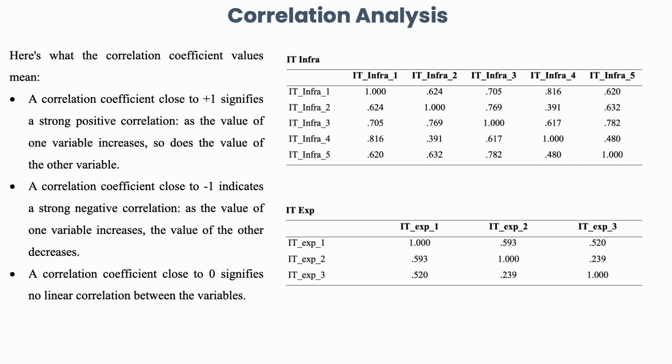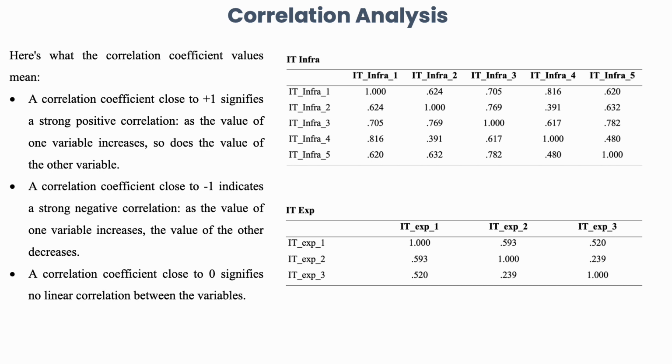And if it is close to 0, it signifies no linear correlation between the variables. It is important to remember that correlation does not imply causation. In other words, just because two variables move together, it does not mean that one variable is causing the other to change. Other underlying factors might be influencing the observed relationship.